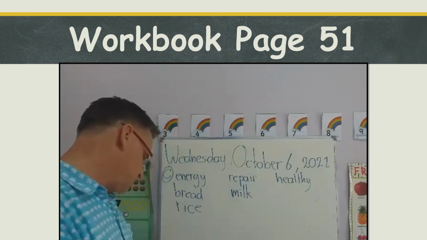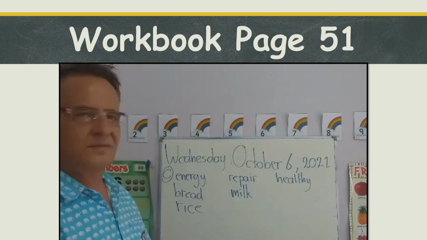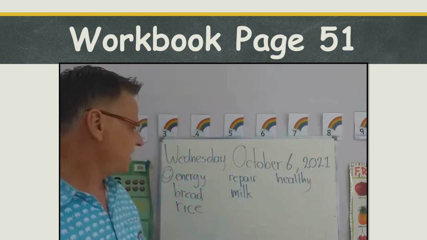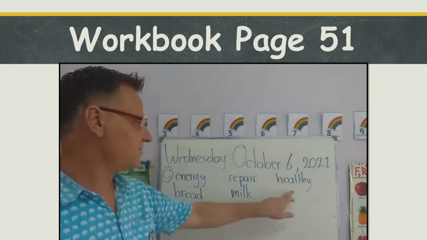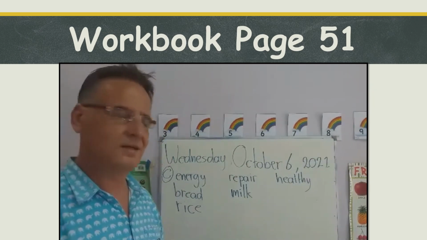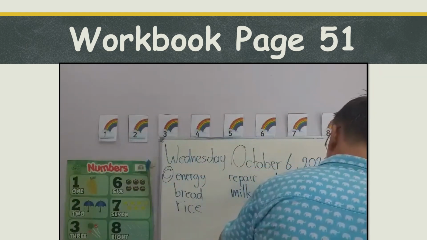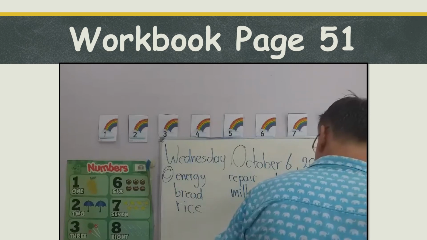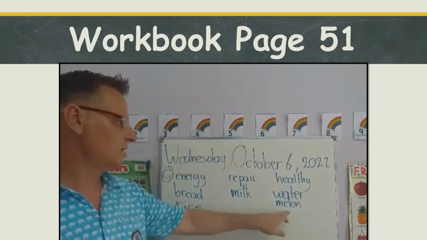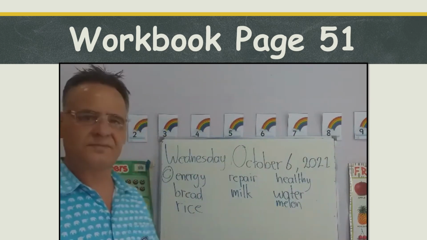Okay, continue to the watermelon. Watermelon is a fruit, right? And fruit has vitamins, and vitamins are important for us to stay healthy. So the watermelon goes under healthy. Okay, next one, fish.